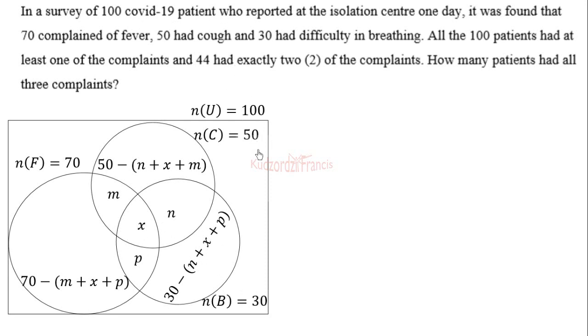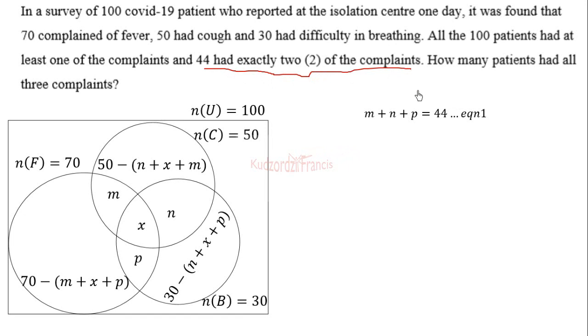Now what do we do next? We sum up all these regions, 1 2 3 4 5 6 7, and it should give us the universal set. But before that, we were told that 44 had exactly 2 of the complaints.